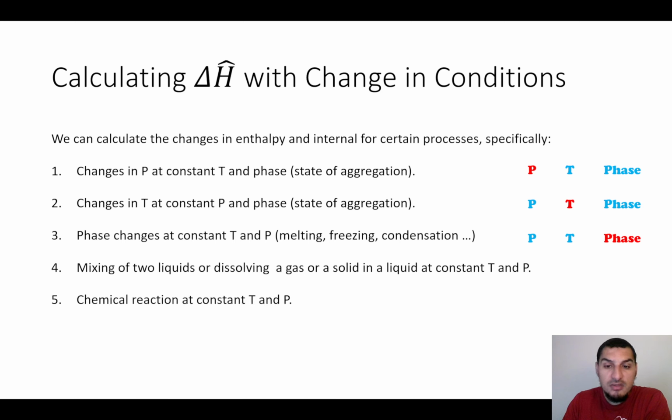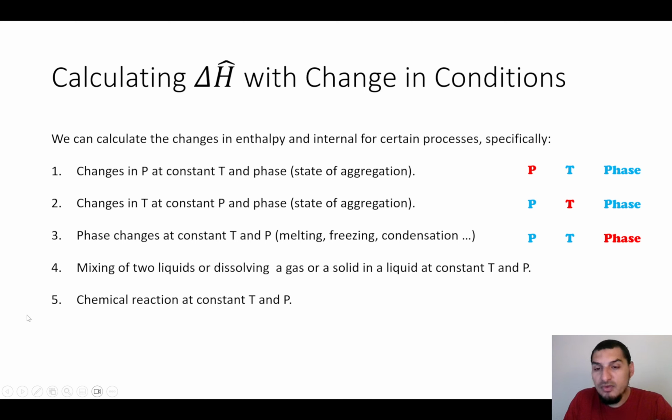There is another case when there is a chemical reaction. So the first four are for physical systems where there is no chemical reaction involved. If there is a chemical reaction, then because the reactions might be endothermic or exothermic, they might produce heat or absorb heat. So this will change the enthalpy of the system. So in this case, we can consider this as one more case.